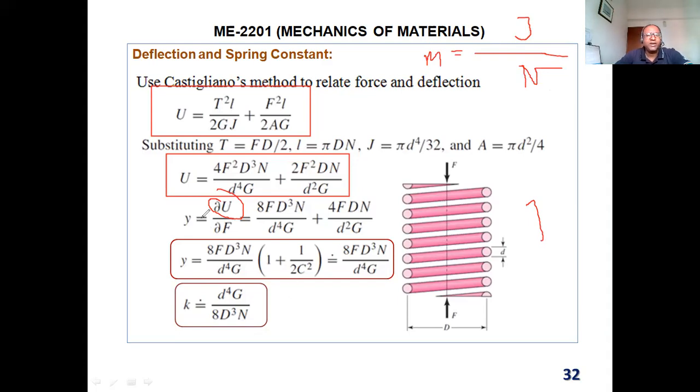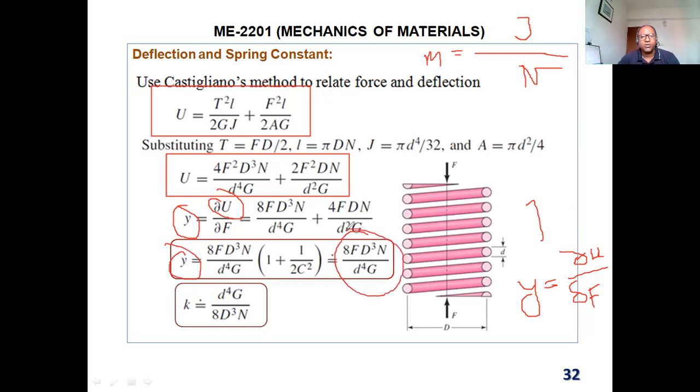That's what they did. They are saying deformation equals the change of total energy divided by the change of force. We have deformation Y, so they did del U by del F, differentiating this one. Then finally they got Y equal to this value.